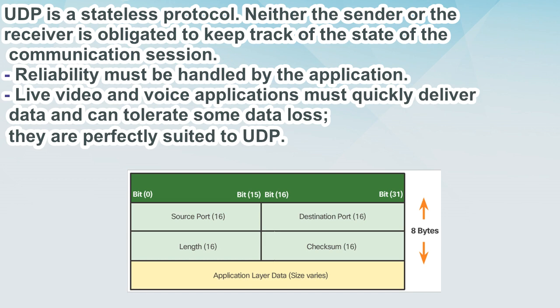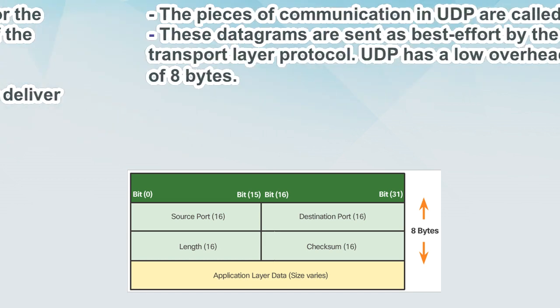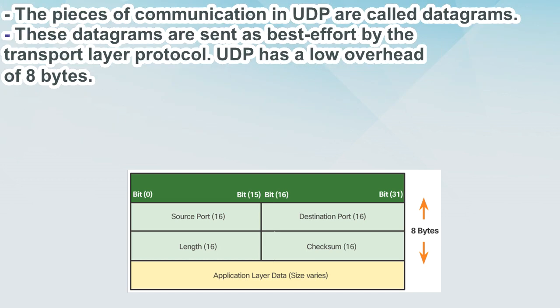They are perfectly suited to UDP. The pieces of communication in UDP are called datagrams. These datagrams are sent as best effort by the transport layer protocol. UDP has a low overhead of 8 bytes.